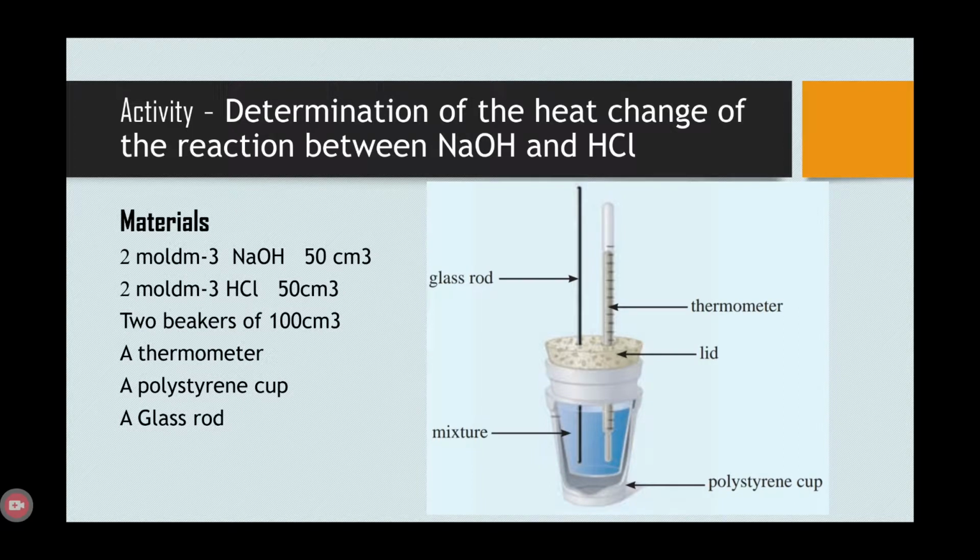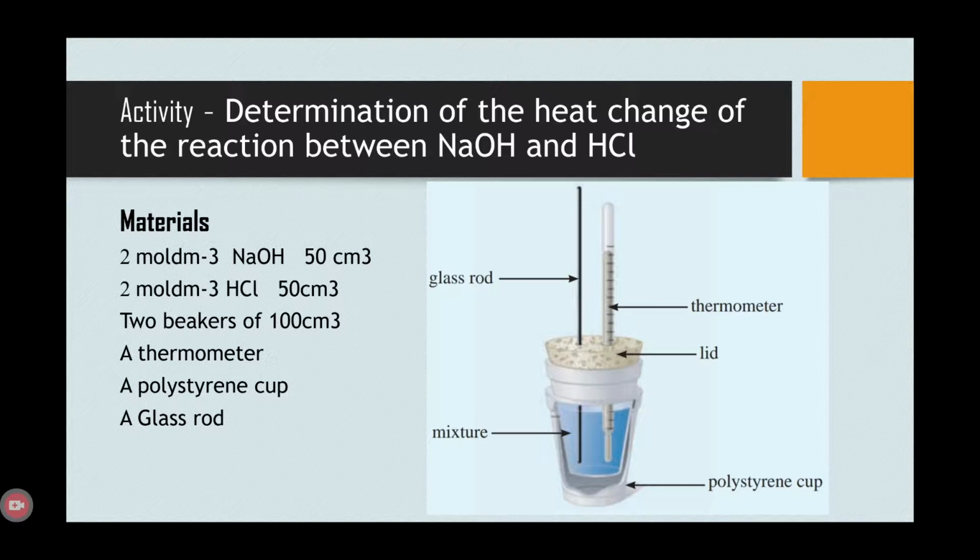Then there is an activity in your syllabus. This is very useful because in examinations sometimes they will ask about this practical: determination of the heat change of the reaction between sodium hydroxide and HCl. Sodium hydroxide is a base and HCl is an acid, a strong base and a strong acid.